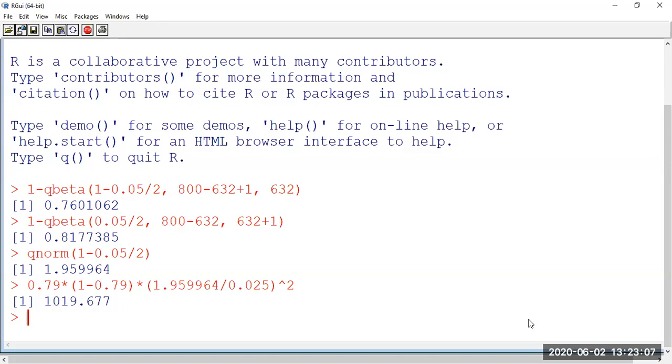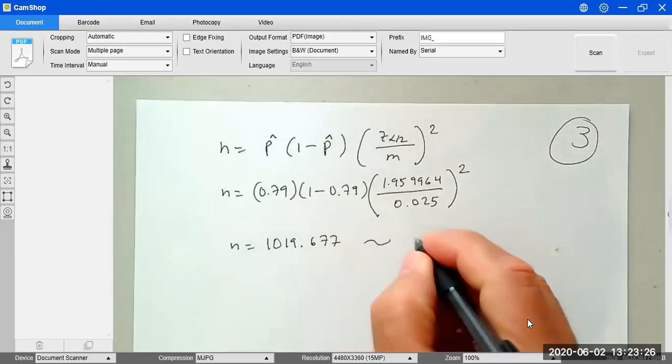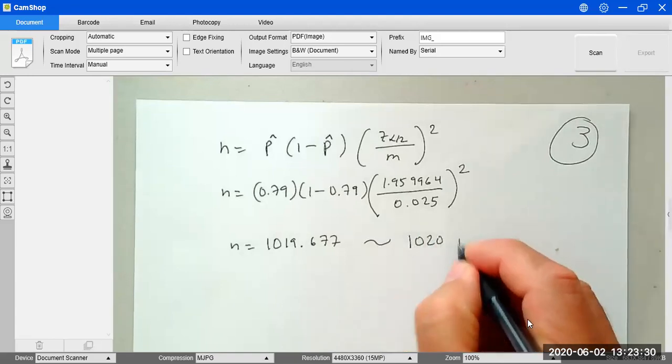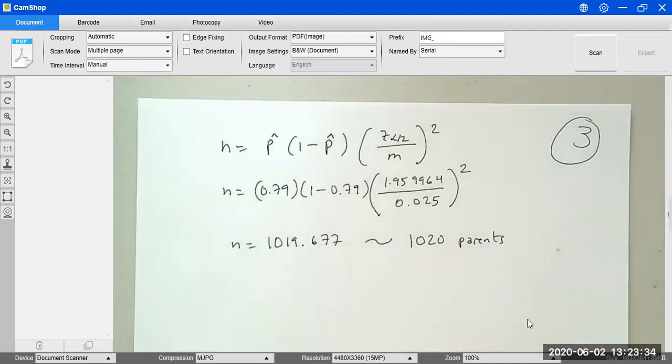So we're going to get n equals 1019.677. So the value for n that we're going to need to use for our survey is just 1020 people. 1020 parents are going to be interviewed.